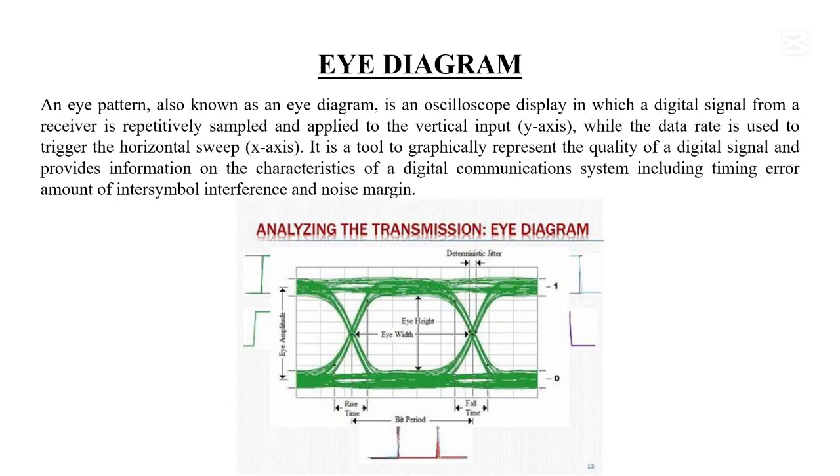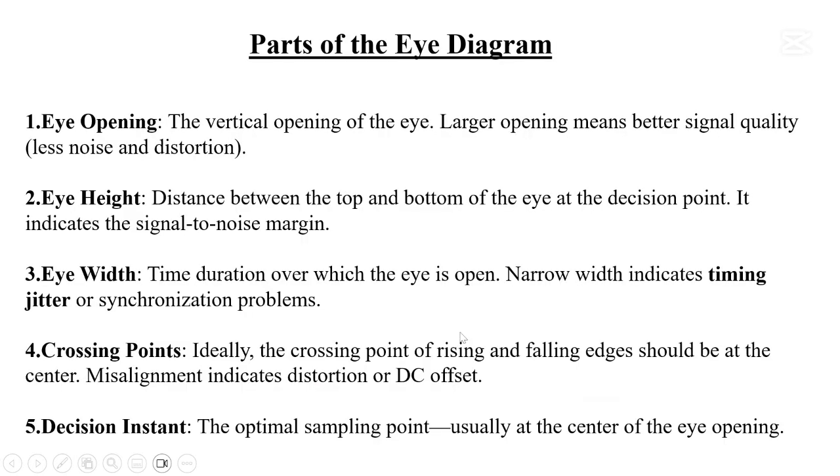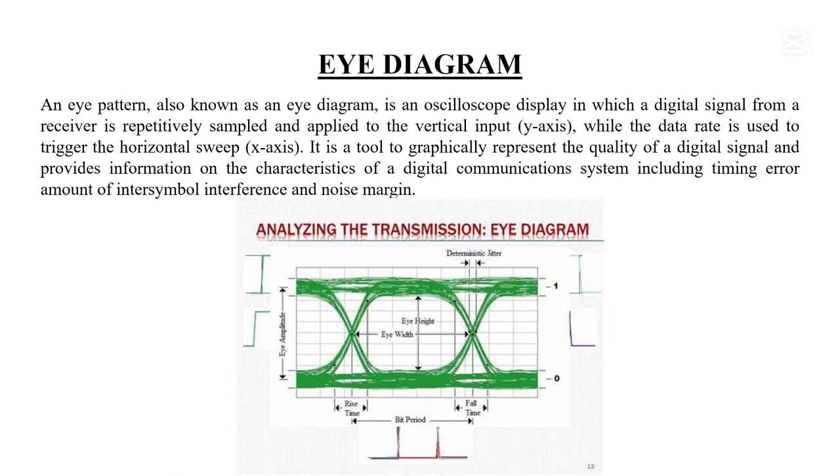Crossing points: these are the crossing points we have. Ideally, the crossing points of the rising and falling edges should be at the center. From where?